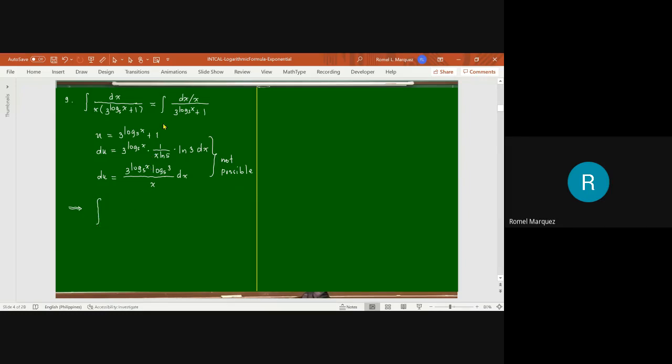I-multiply ko kasi kailangan natin sa numerator ng log na parehas, na ang base ay 3 din, na raised to log, something like that. So the only way for that to happen is to multiply both the numerator and denominator by 3 to the negative log of x to the base 5, then dx over x.